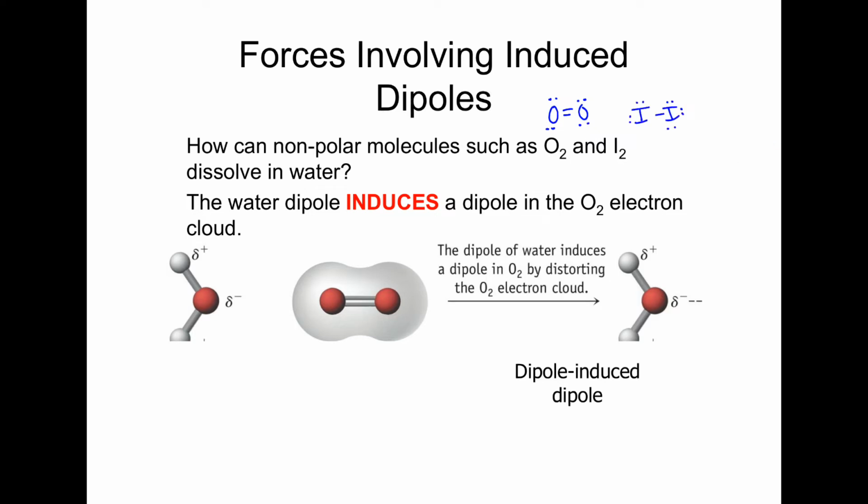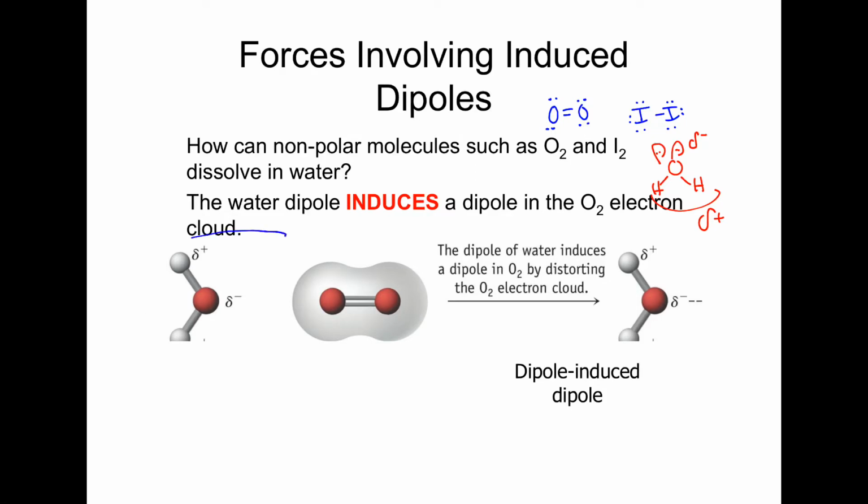Both of these molecules are nonpolar, and so they don't really have a positive and negative side to them at all. But water is a very polar molecule. It has those two lone pairs of electrons on one side, and so this is the very negative side, this is the very positive side.